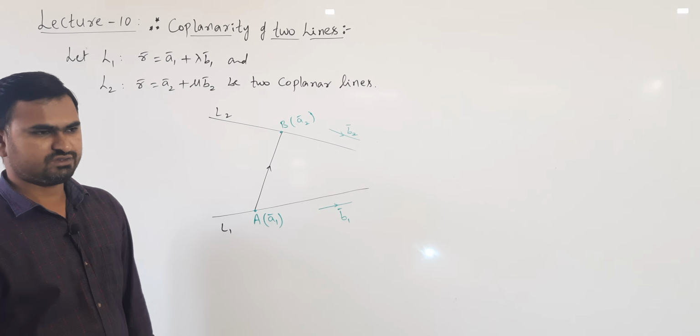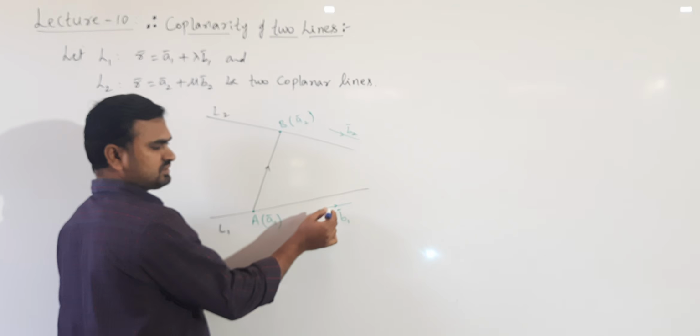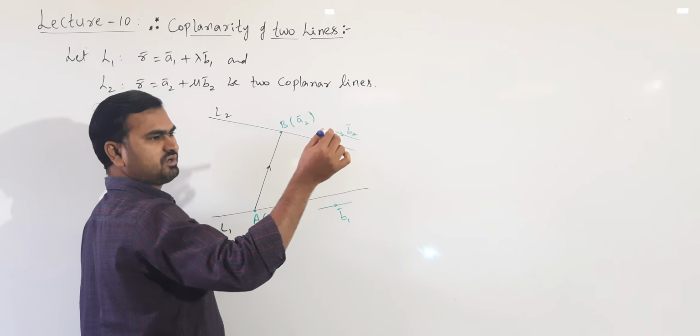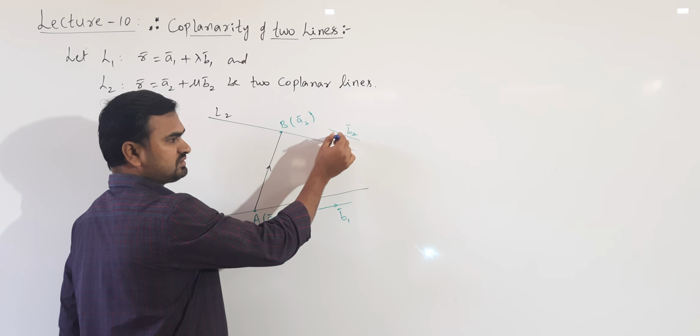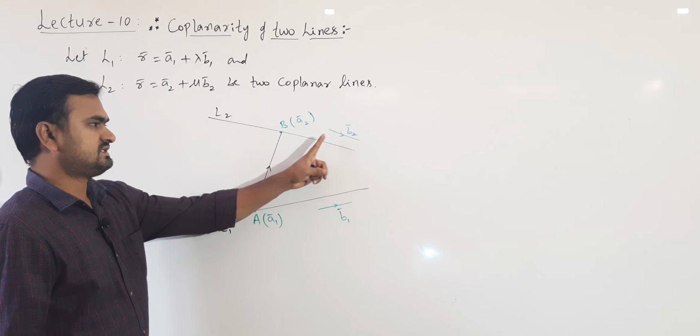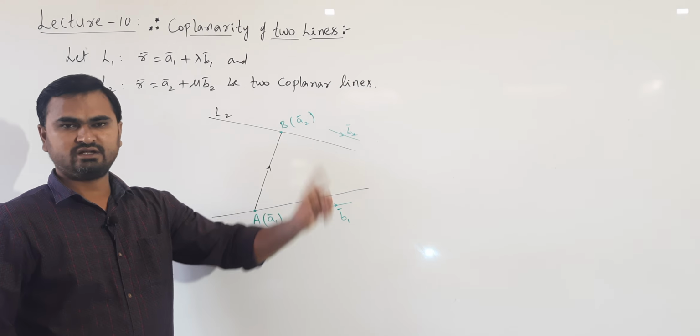It is a vector which is perpendicular to both b1 bar and b2 bar. So this is the direction of b1 cross b2. Okay, you have to imagine b1 cross b2 is perpendicular to both the vectors b1 bar and b2 bar, so it is perpendicular to the plane of this board.